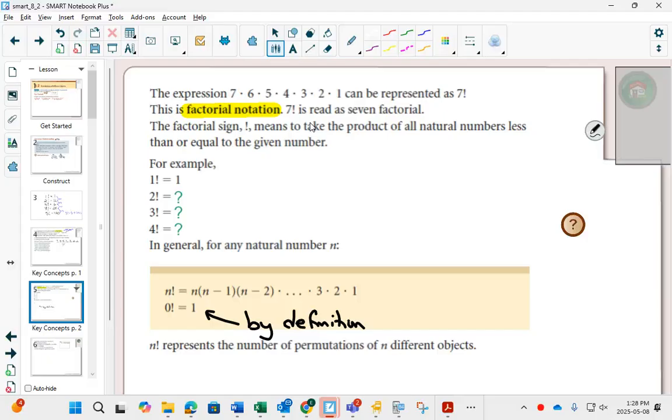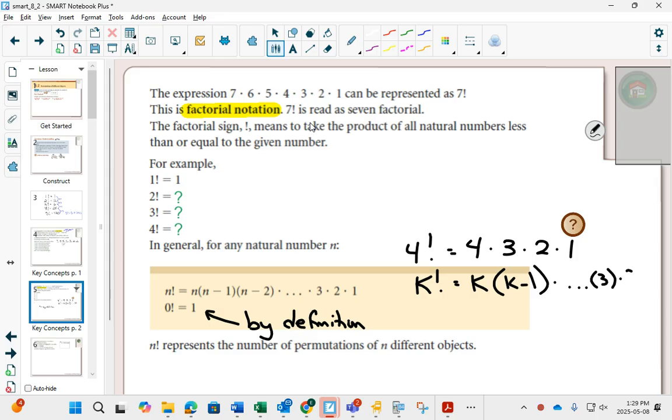But for all other numbers, if you have 4, you'd say I start with 4 and then I keep going down until I get to 1. This also works if you end up using a variable. Like if I had k factorial, I would start with k, then I would do 1 less, then I would keep on going until I got to 3, 2, 1. I don't know what k is, but the process is the same.